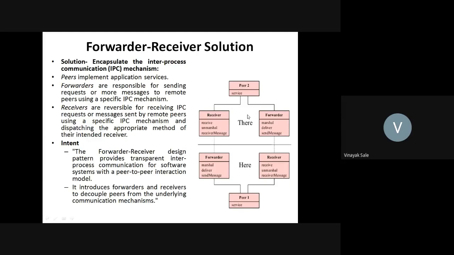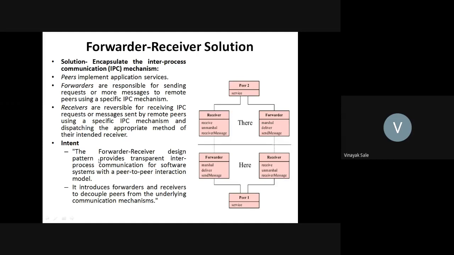This is another peer, and the name is there. So this communicates with its peer, provides the service and sends a message to the forwarder. Then the forwarder forwards the message, marshal, deliver, send message, to the receiver of here. So it will receive the message, that is receive, unmarshal and receive message.